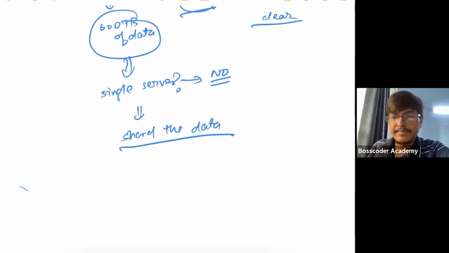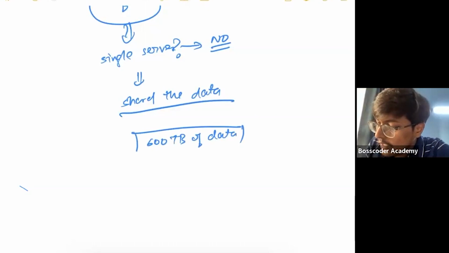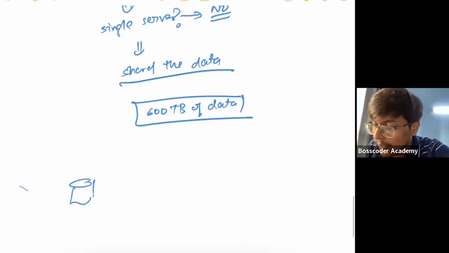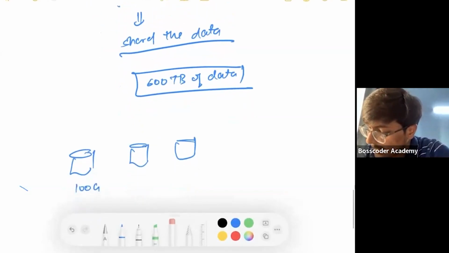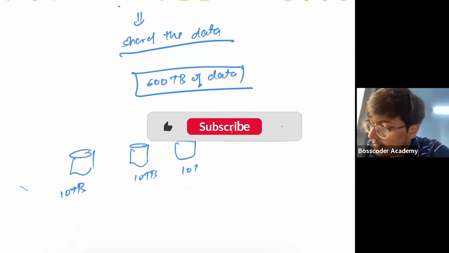What is sharding? Sharding is: you have 600 terabytes of data, so you cannot store it into a single database. So what you do is take multiple databases, where let's say each database can store 10 terabytes of data. So how many will you need?